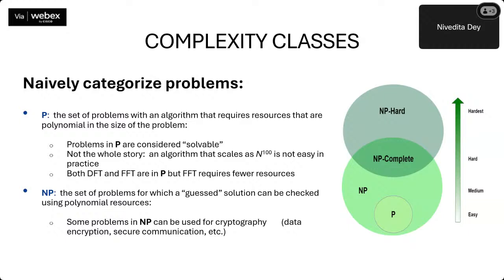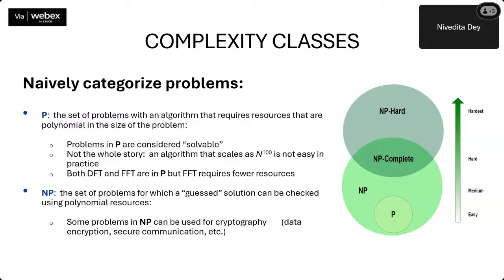So NP is non-polynomial with respect to a deterministic machine, or vice versa, we can say it is polynomial with respect to a non-deterministic machine. But since we have deterministic machines, we call it NP or non-polynomial. Theoretically, ideally, you should call it non-deterministic polynomial, not non-polynomial.